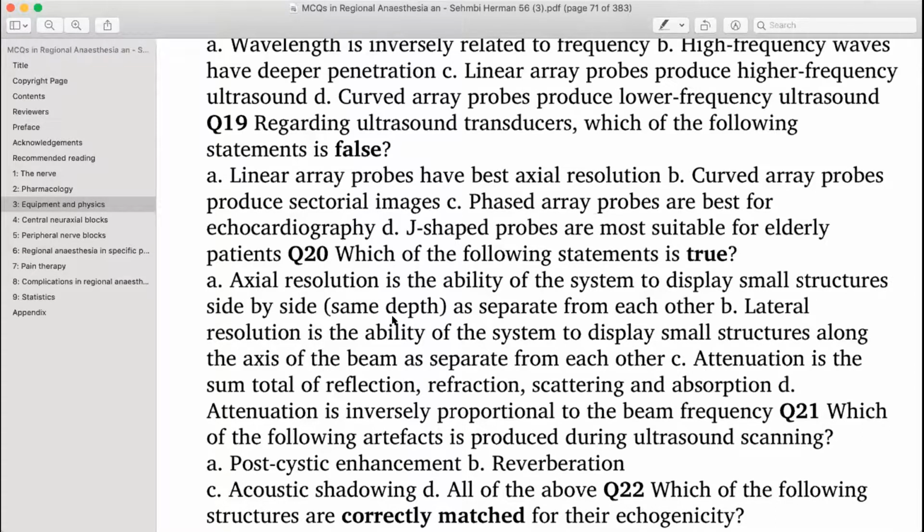When you are able to differentiate between two objects along the same plane, then it is axial resolution. Correct. And what about option D? Attenuation is directly proportional to beam frequency. The higher the frequency of the beam, the more attenuation there will be.